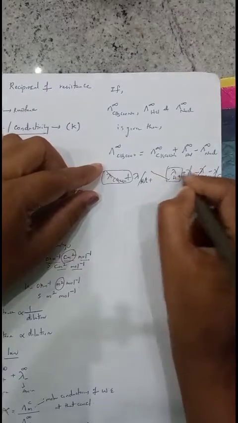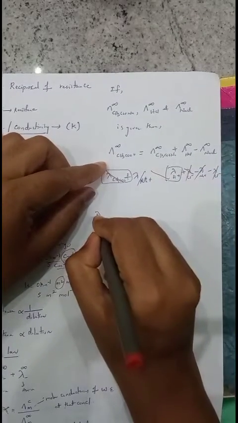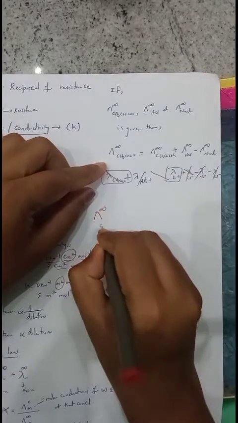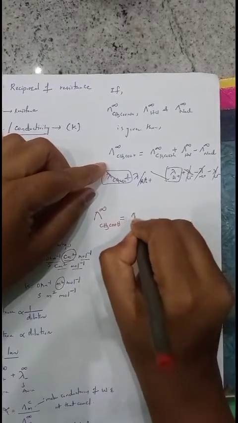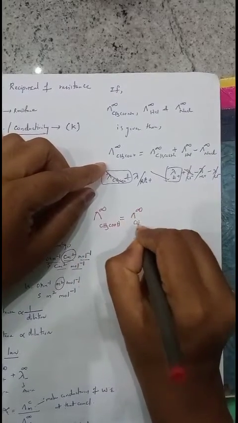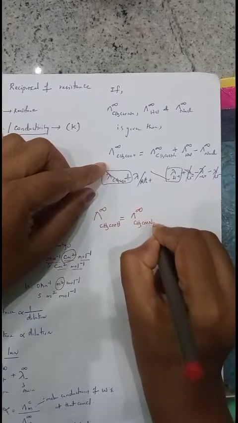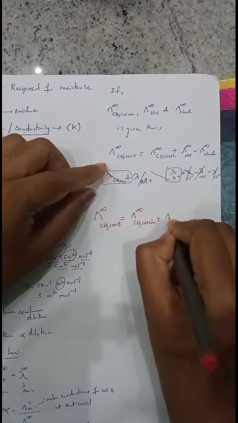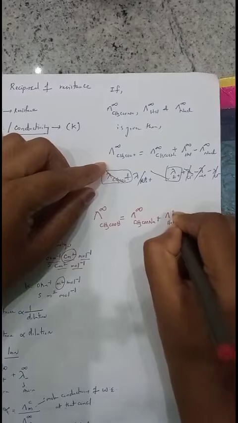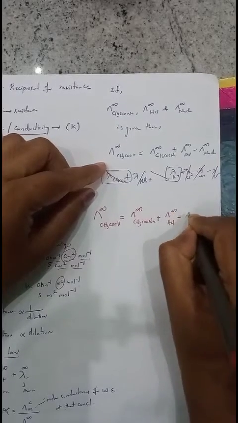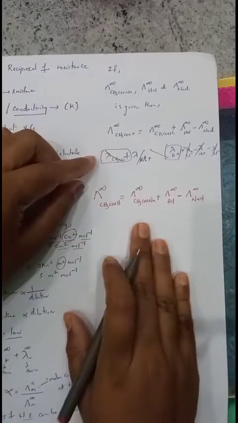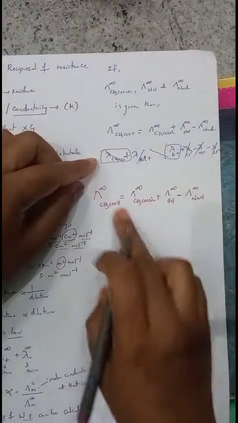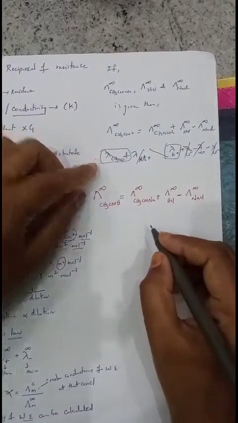So I am taking here lambda infinite of CH3COOH, which is equal to lambda infinite of CH3COONa plus lambda of HCl at infinity minus lambda of NaCl at infinity. So this is always equal to this one. First write down whatever the ions are obtained.